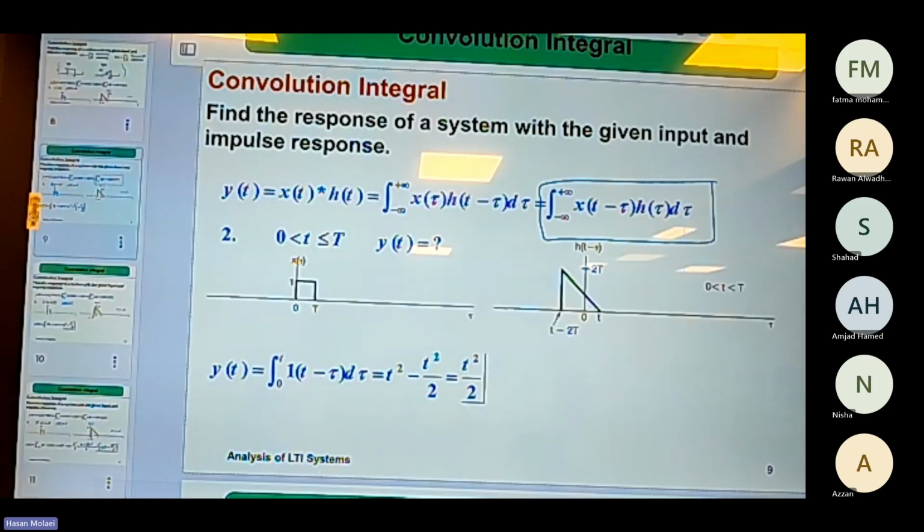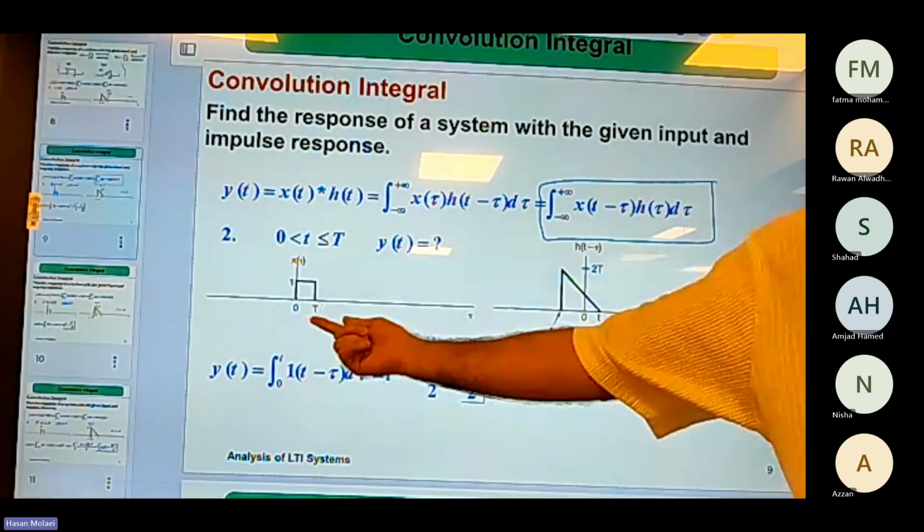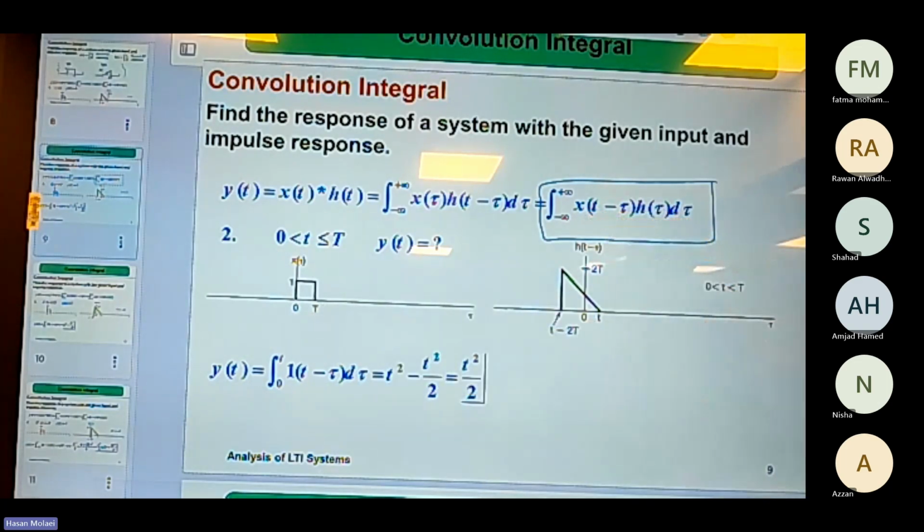What you are supposed to make: you just have h tau, you should make x of t minus tau. At first you do that, treat t from minus infinity to infinity.